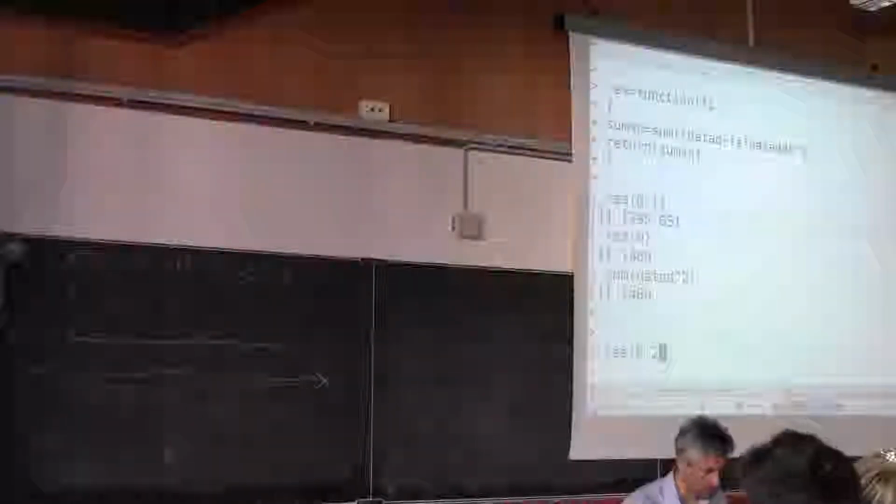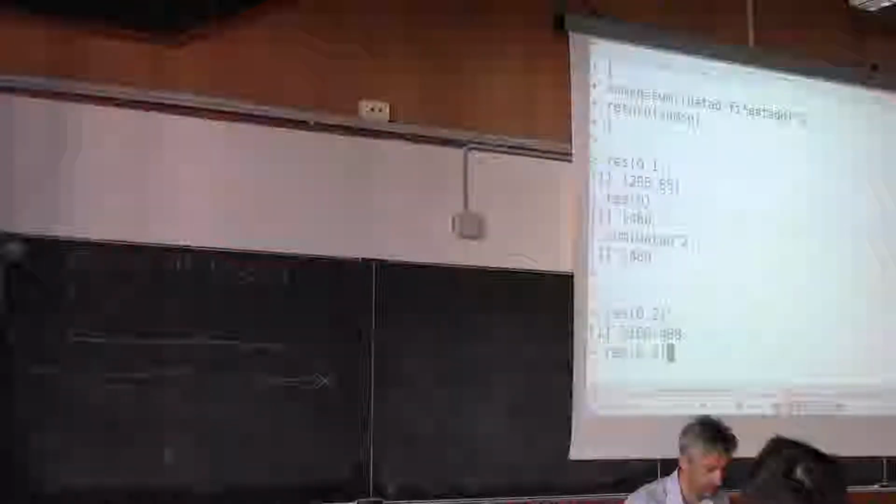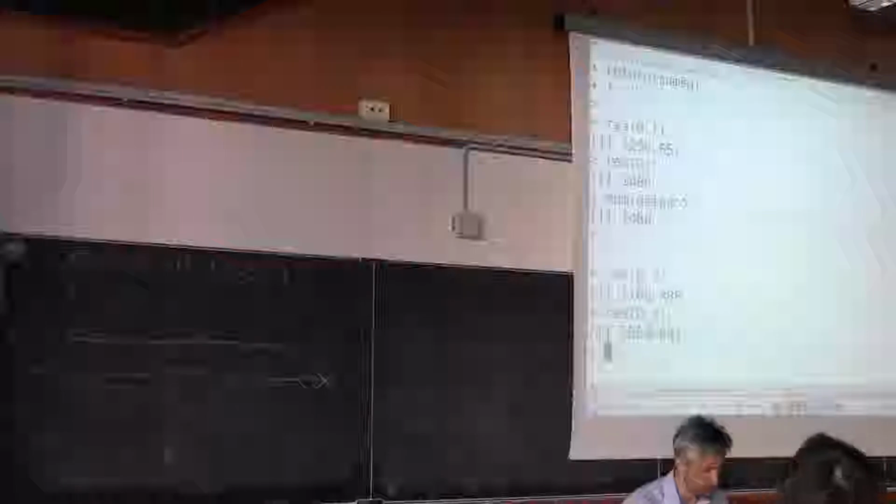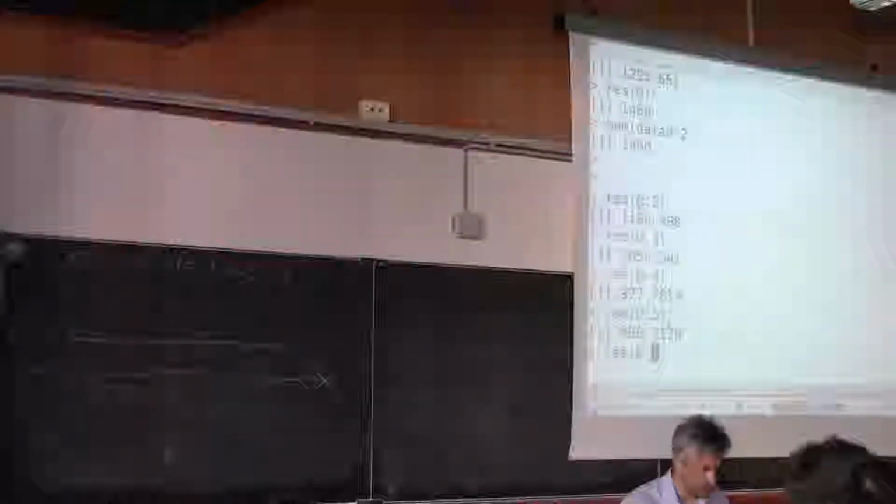We take 0.2, and you see that the sum of squared error is decreased, 0.3, again decreased, 0.4, decreased, 0.5, decreased, 0.6, 0.7, and now you see that it started to increase again, so it's somewhere in between 0.6 and 0.7.